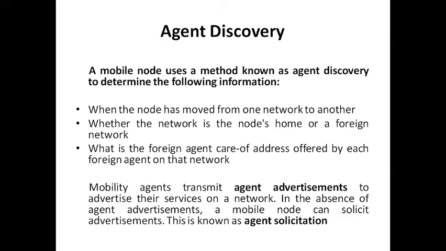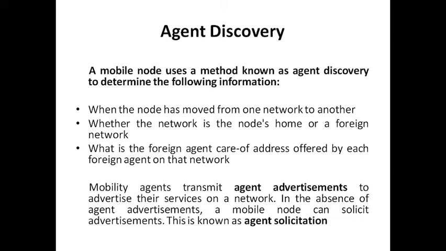So this is how agent discovery is used to know the location of the mobile node. Normally mobility agents transmit agent advertisements to advertise their services on the network. In the absence of agent advertisements, a mobile node can solicit advertisements.